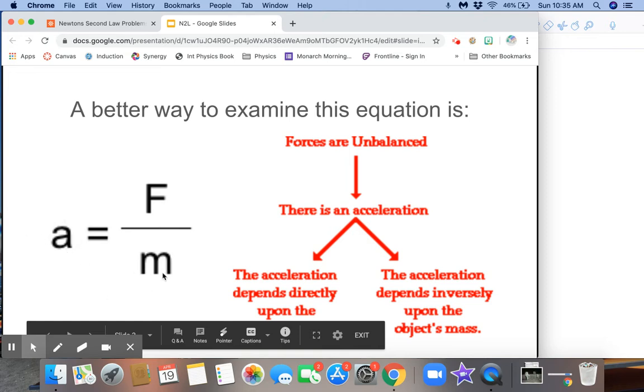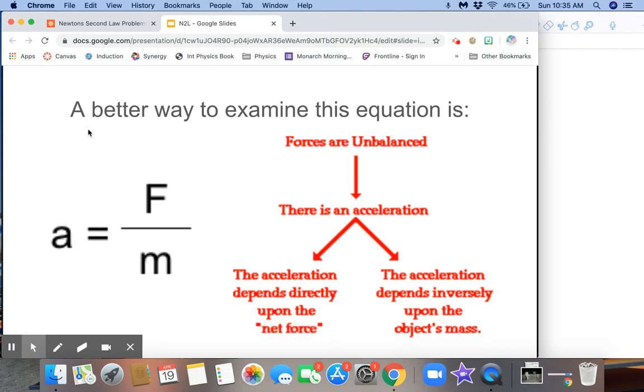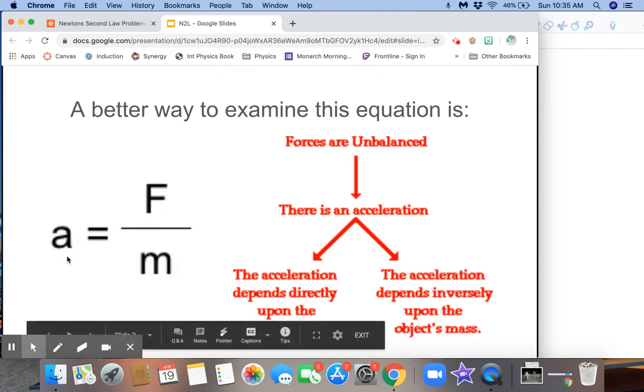When the mass is small, acceleration is big. And this makes sense, right? We talked about inertia last week. When you have a huge boulder, it's going to be really hard to move because the mass is so big, the inertia is so big, and therefore, because it's hard to move, the acceleration will be very, very small. If you have a little tiny stone, then that mass is small, and the acceleration can be bigger. All right, so that's how this relationship works with this equation.